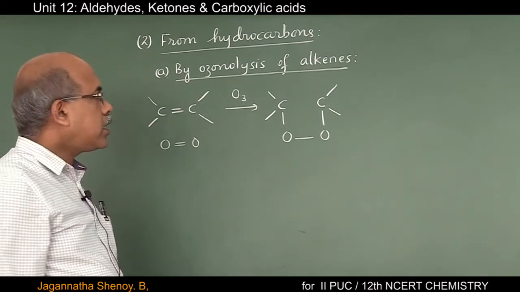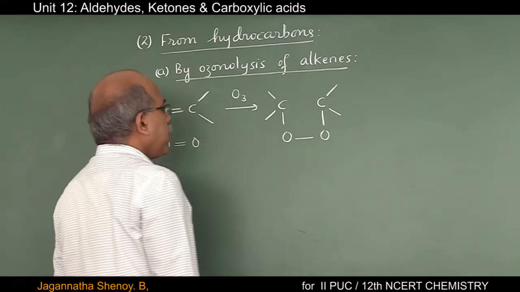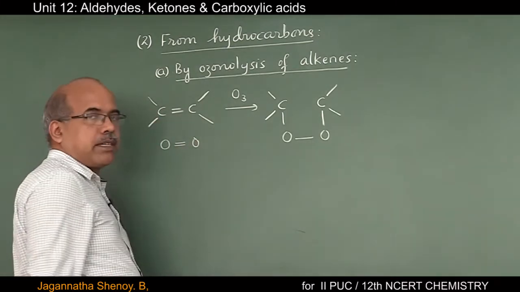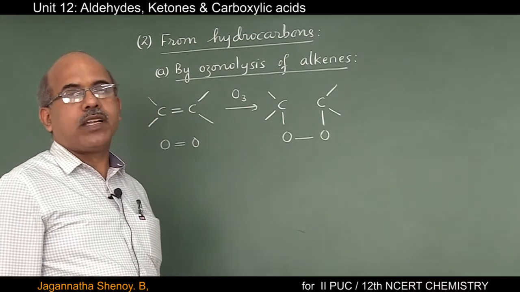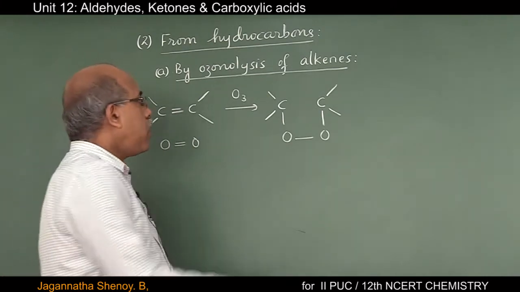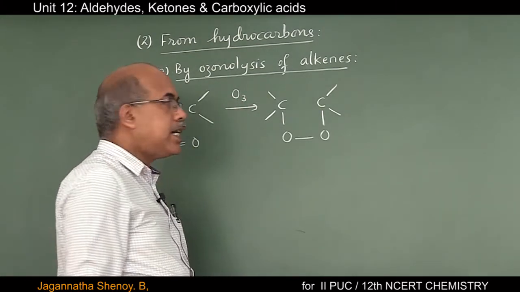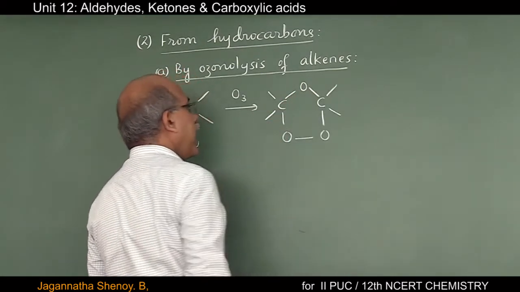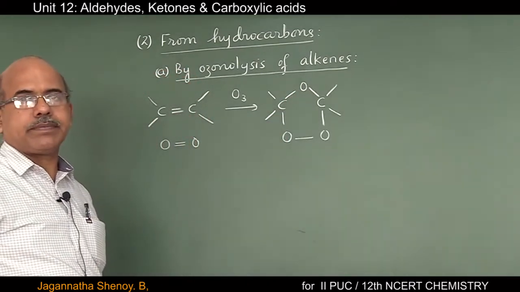What is the next point? The next point is, I'm left with one single bond between the two carbon atoms. In that single bond, remaining oxygen atom of ozone gets inserted. That's why I'll get C single bond O and again single bond.